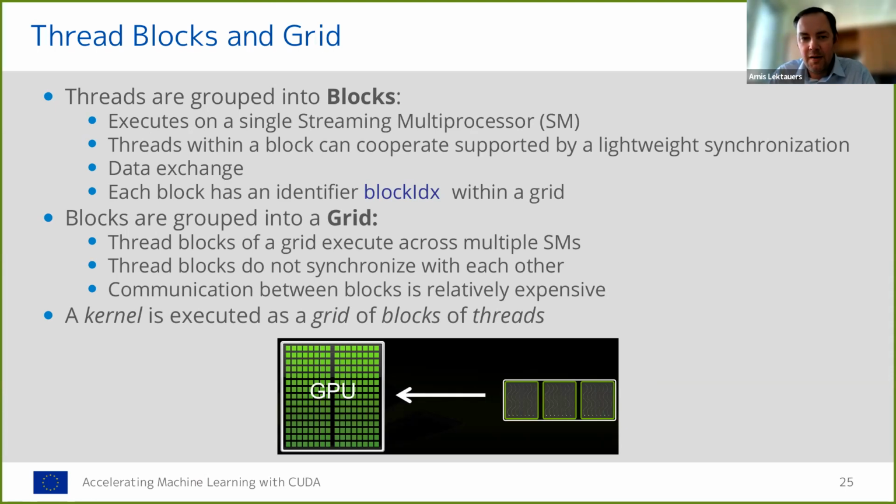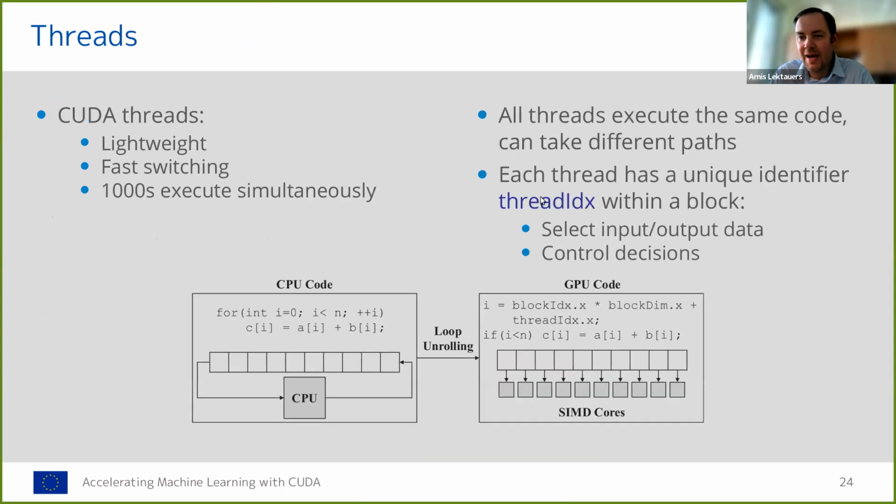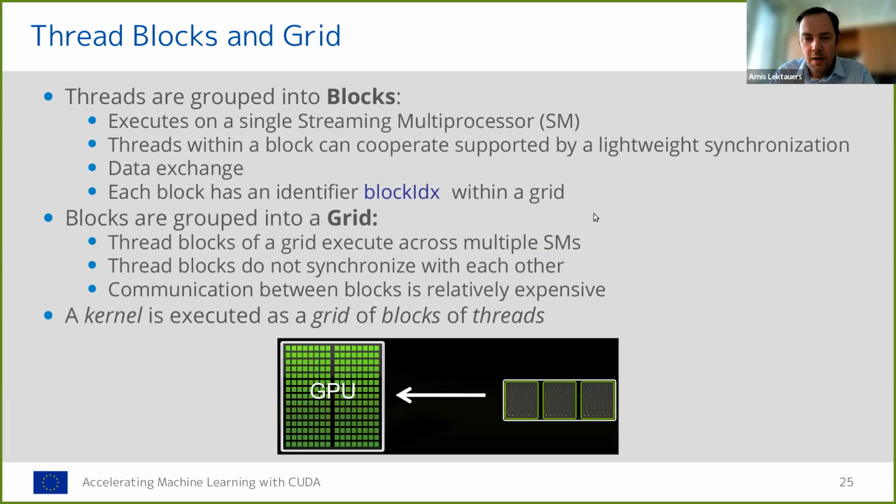So grids and blocks are logical concepts, three-dimensional data structures. Actually, blockIdx and threadIdx have three components, three fields: X, Y, and Z. If we want, we can skip Y and Z and just use one dimension, working with a one-dimensional structure.